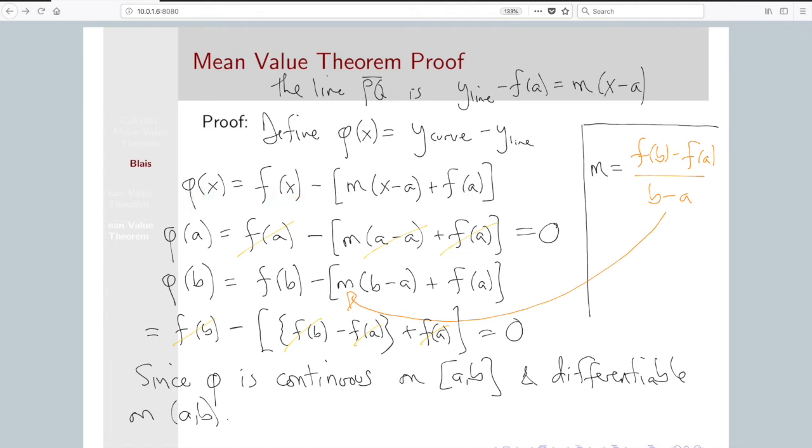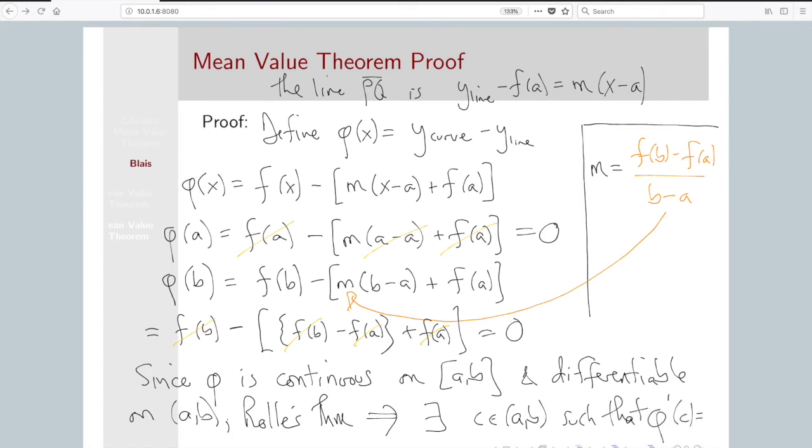But because of this, Rolle's theorem, remember what that said. That says that there exists a value c in the open interval ab such that phi prime of c equals 0. This will be our key.